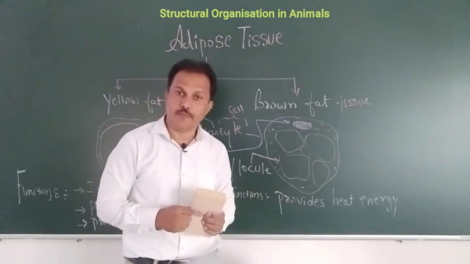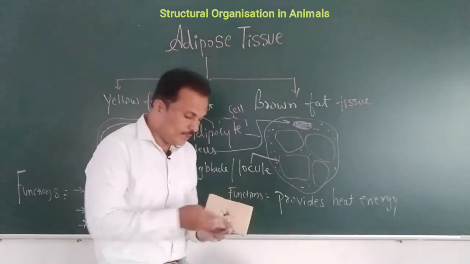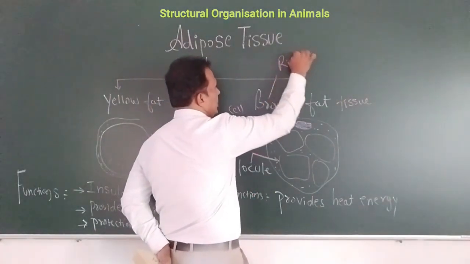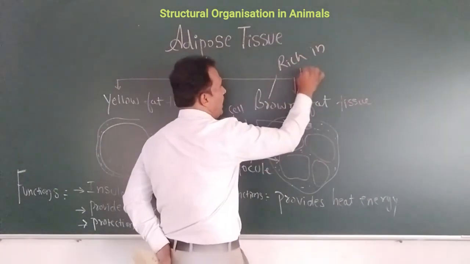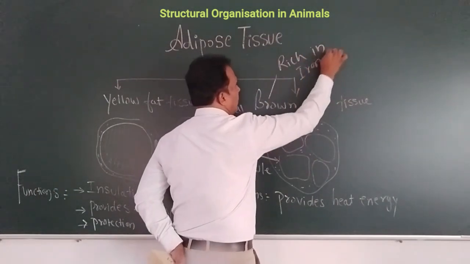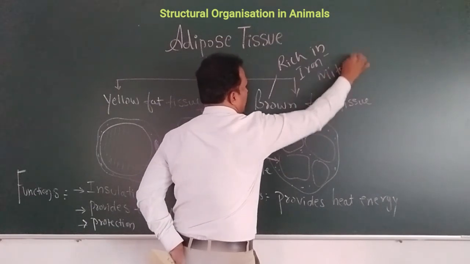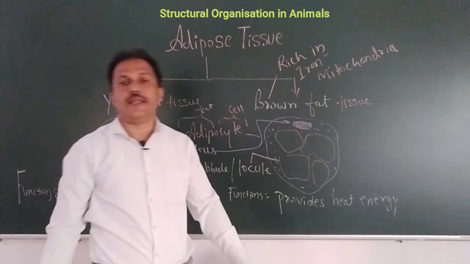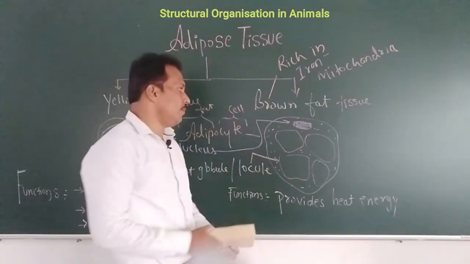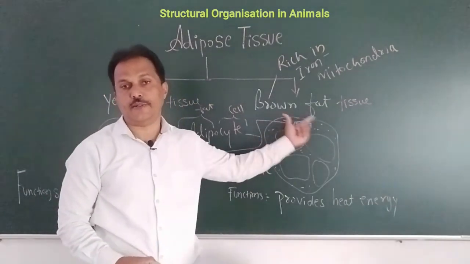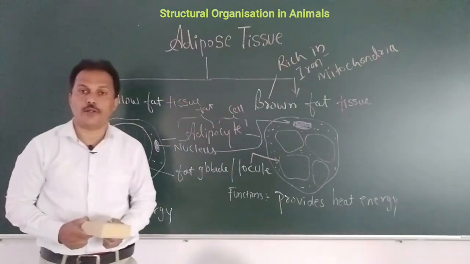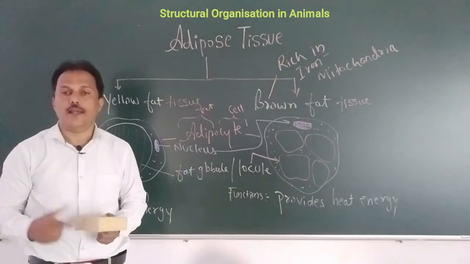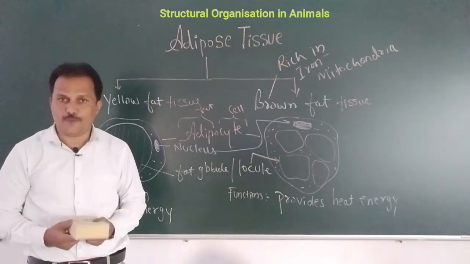That's why it appears brownish. Second, it is very rich in iron containing mitochondria. That's why it appears to be brown fat tissue. So this is in short about the adipose tissue. In that we discussed the yellow fat as well as the brown fat tissue.